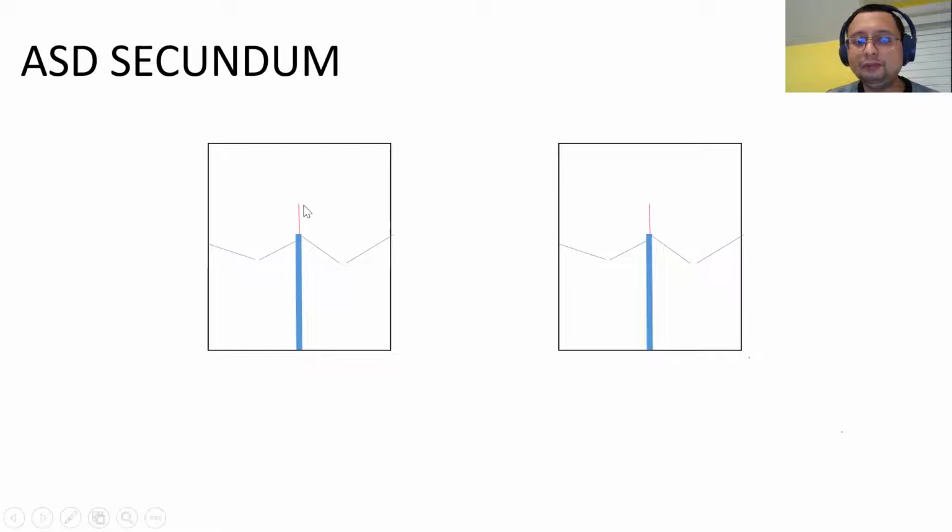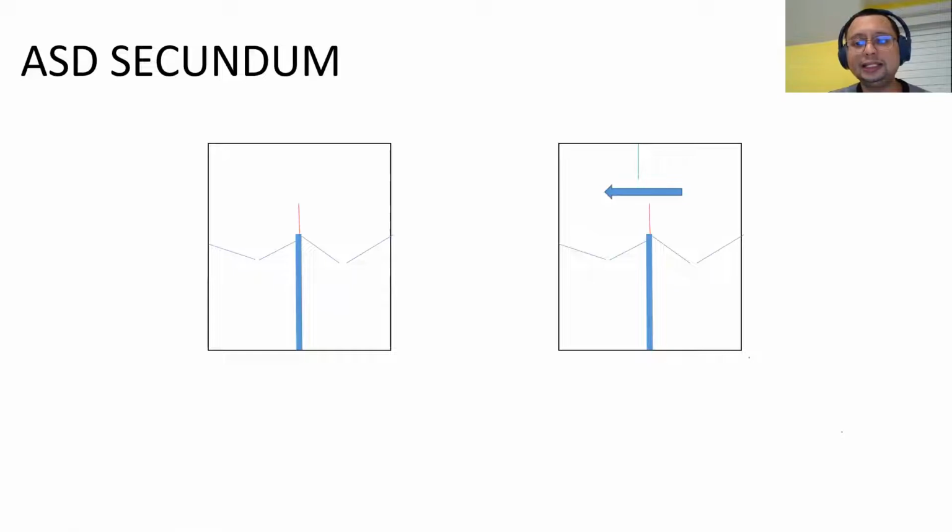So this is your membrane primum, but the deficiency is so big. So this ostium secundum, the second opening, is so big such that the membrane secundum is not able to cover this deficiency, therefore you get a secundum atrial septal defect.